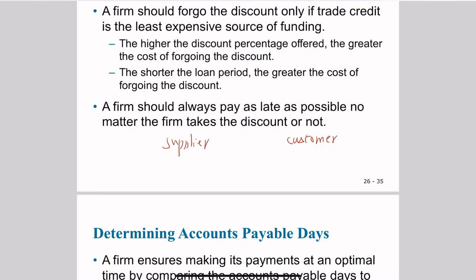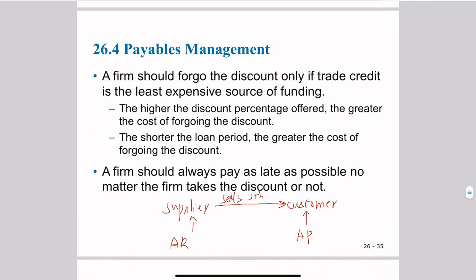So basically, if the supplier sells something to its customer, then the supplier will have accounts receivable, and then the customer will have accounts payable. So conceptually, these two things are very much related.